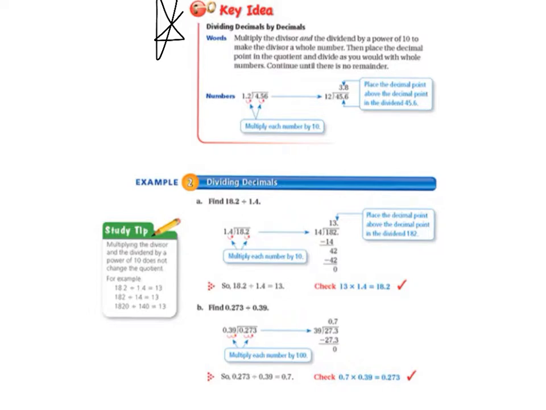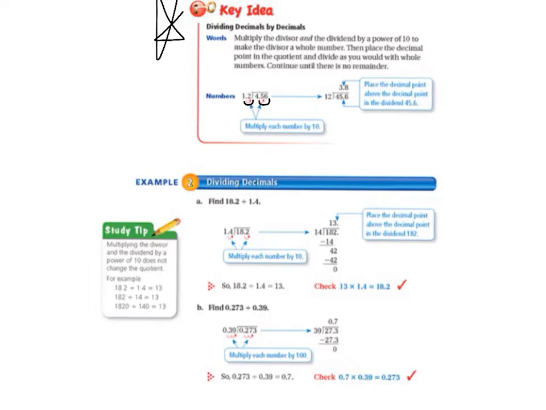All you do is you move the decimal point to the right as many places as you need to in the divisor, and then to make it a whole number. So it's between the 1 and the 2. You need to move it one place to the right in this example. So it goes from there to there. And you need to move it the same number of places to the right in the dividend.